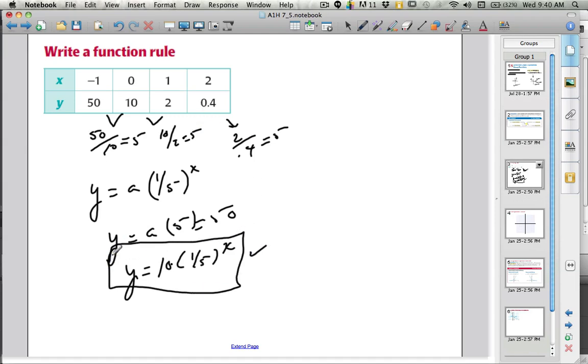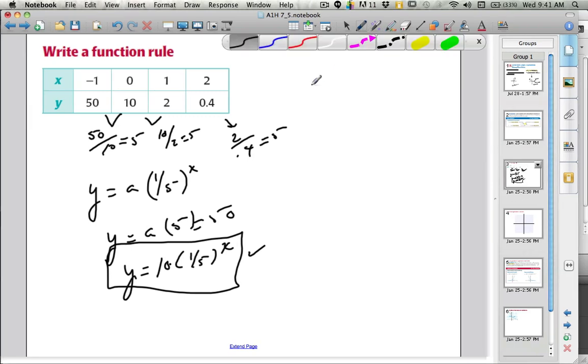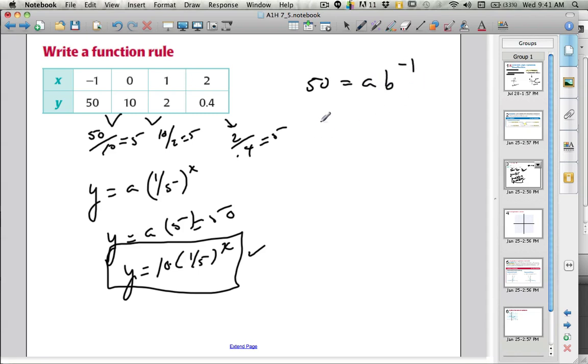Okay, if I did this sort of by rationing it out, I could equally create a system. So I could say that y was 50 when x was -1, and y was 10 when x was 0. But I know that b to the 0 power is going to be equal to 1, so I can see a is equal to 10.